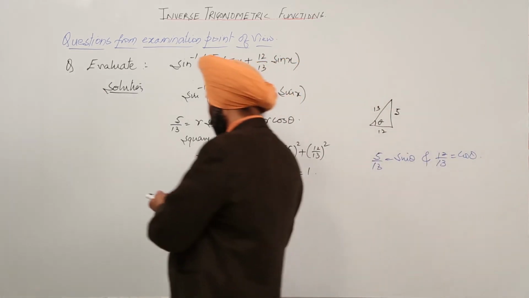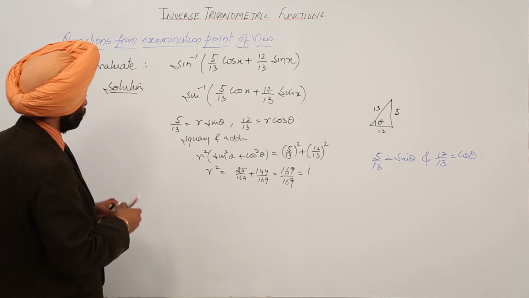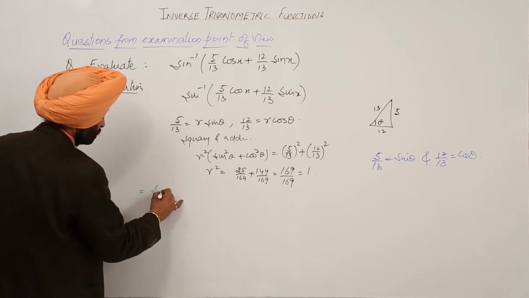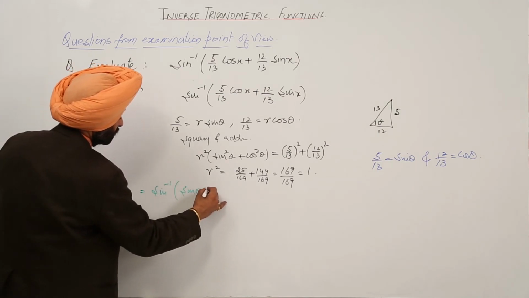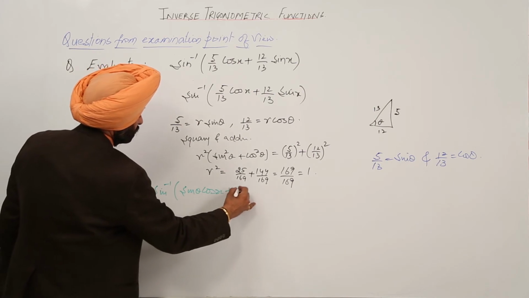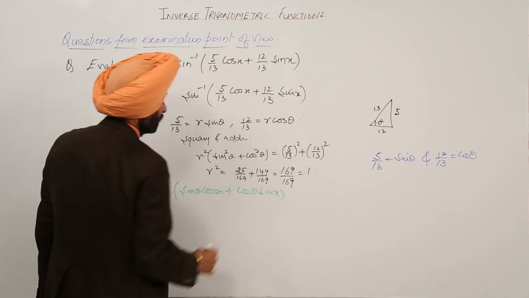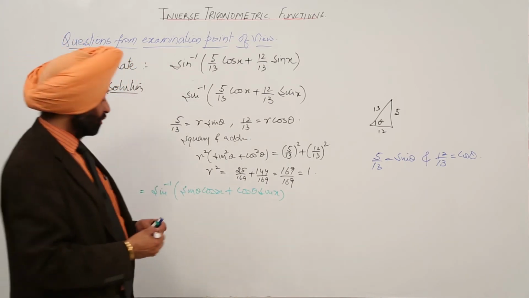So now our question converts to sine inverse of sin theta cos x plus cos theta sin x. Now what is the formula? What type of formula is this?